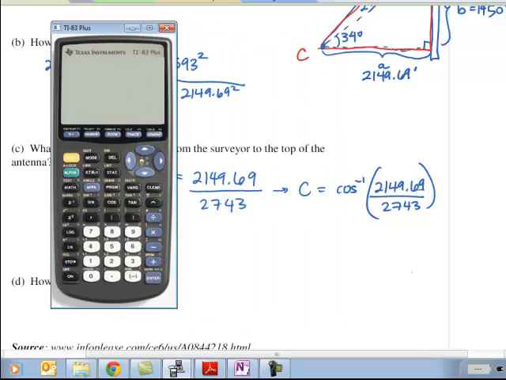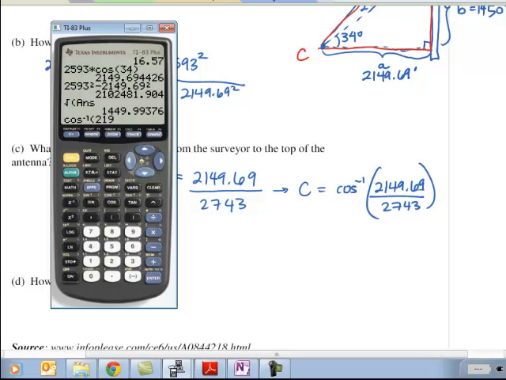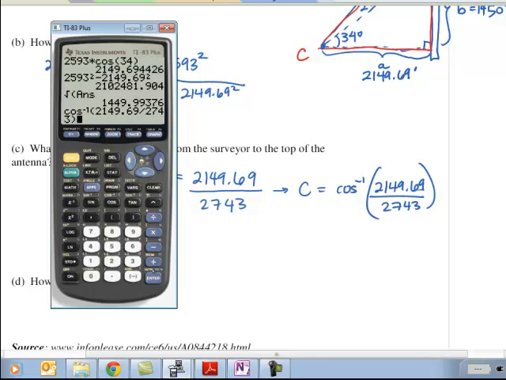And we're in degree mode, so our answer is going to come out in degrees. So inverse cosine of 2149.69 divided by 2743 gives us 38.4.